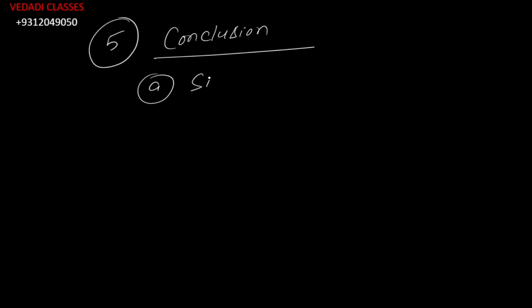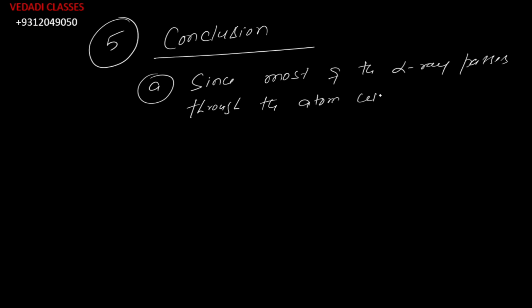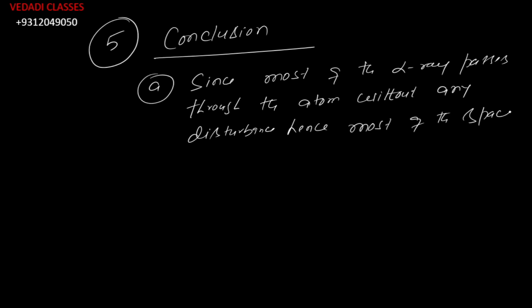So since most of the alpha rays pass through the atom without any disturbance, hence most of the space of the atom is empty.